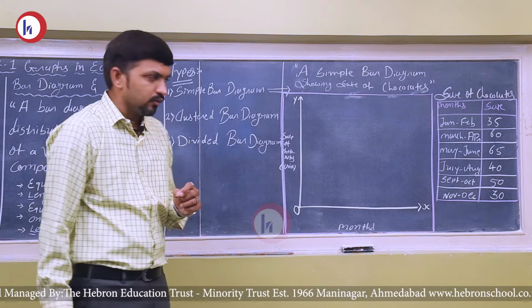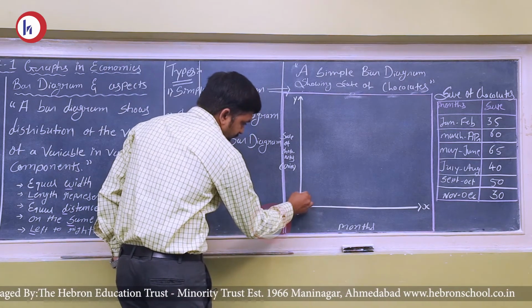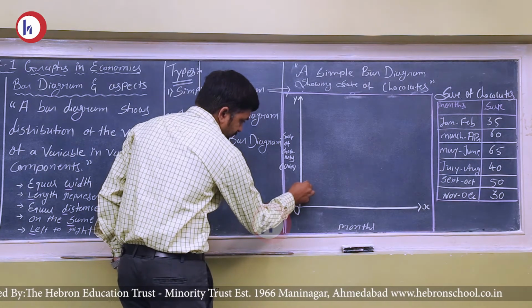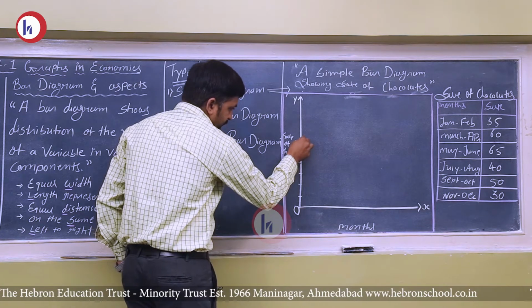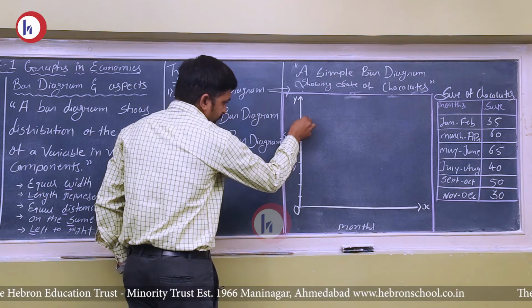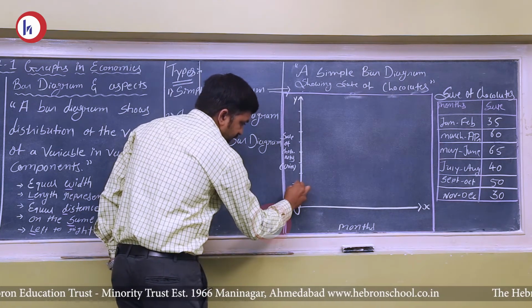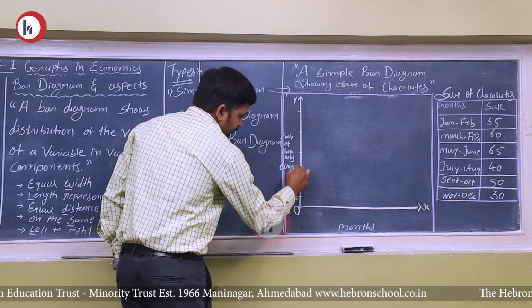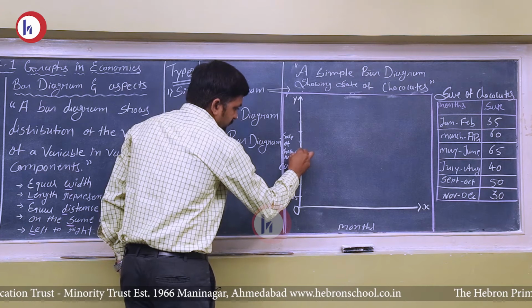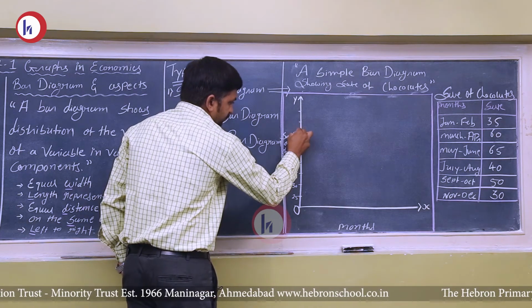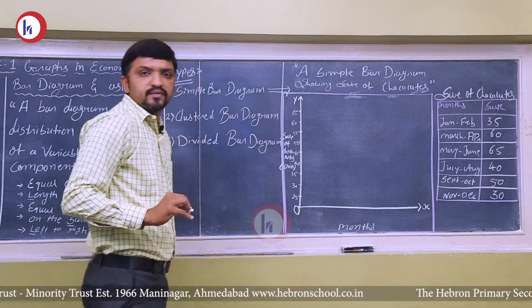Or let us start from 25: 25, 30, 35, 40, 45, 50, 55, 60 and 65.